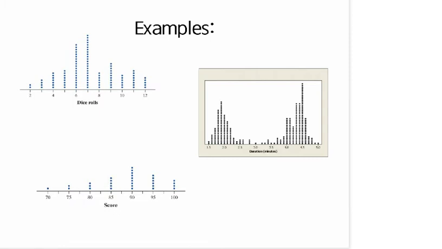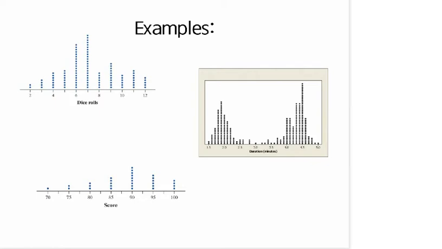All right, so here are some examples of different graphs. Now let's look. We see that this one kind of goes up here, and then it's kind of dropping down. And really and truly, for all intents and purposes, the dice roll graph is, I would say, pretty much unimodal.